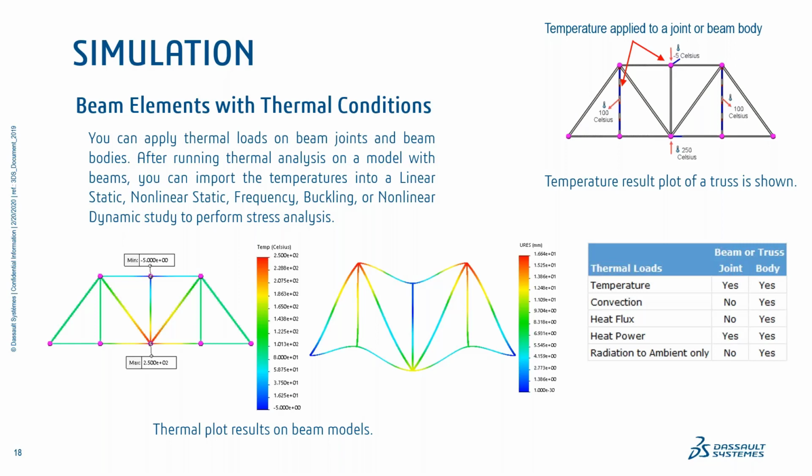Now, from SolidWorks 2020 onwards, we can apply the loads on these beam members, the beam body, or in the joints. It is applicable for beam elements as well as truss elements. And it is not limited to just linear static. You can use it for non-linear static also, frequency analysis, buckling analysis, and non-linear dynamic analysis.